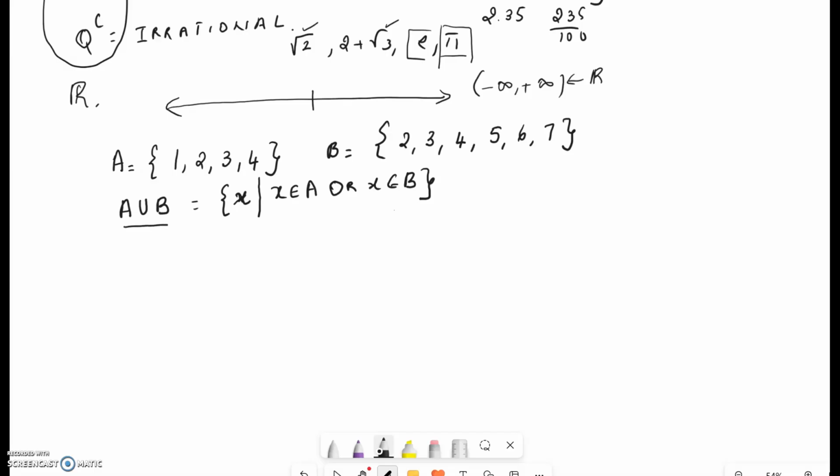So what is contained in A union B? All the x's that follow this rule, they either belong to A or B. It's possible they belong to both, which is fine.